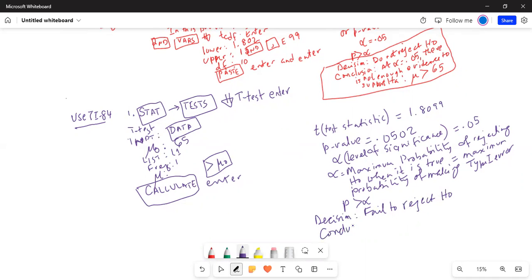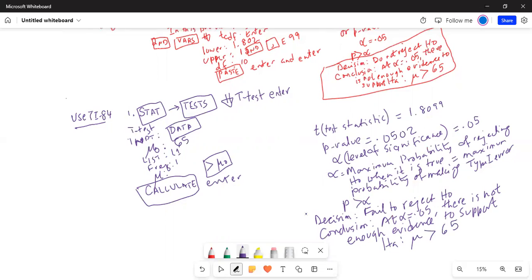Conclusion at alpha equal to 0.05: there is not enough evidence to support the alternate hypothesis HA, which is mu greater than 65. Same decision, same conclusion as when we did the calculations on our own.